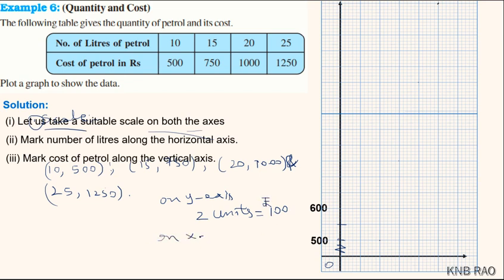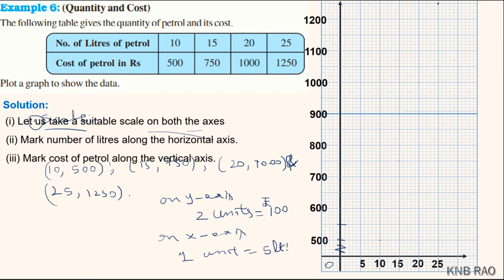On the x axis, 1 unit is equal to 5 liters of petrol.